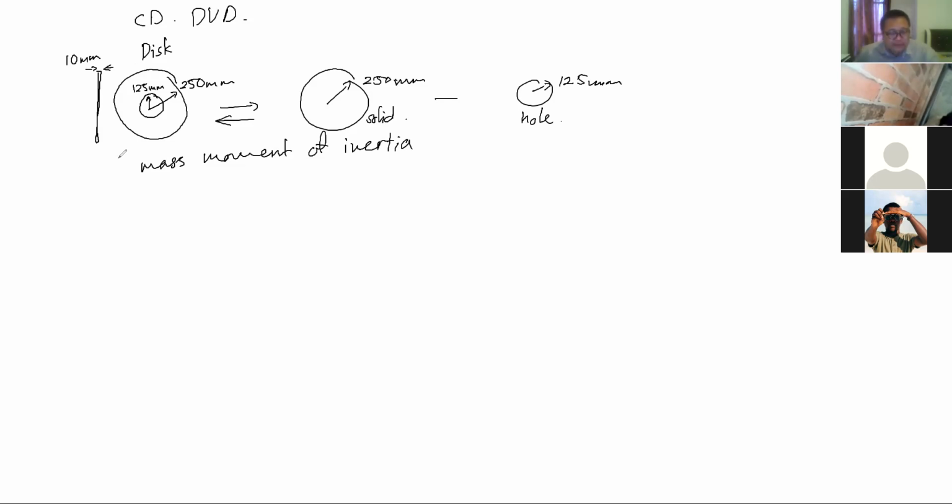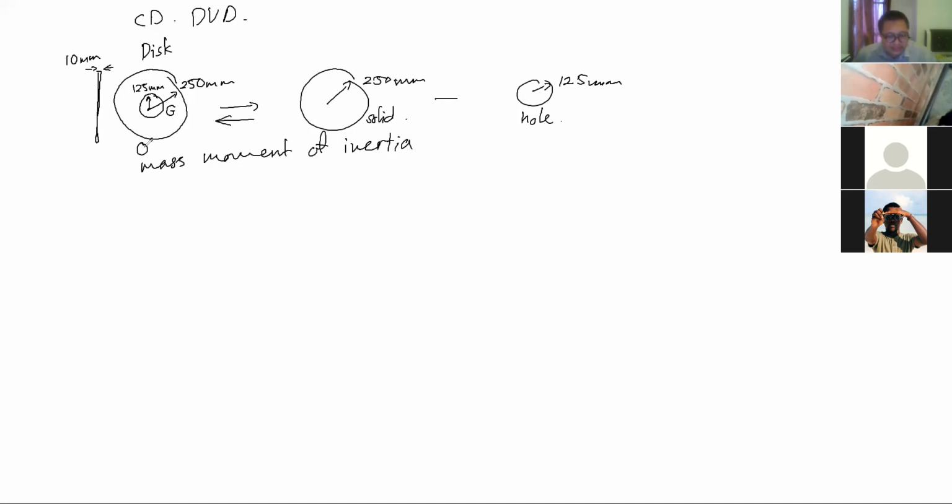At the center here, we call it the G, your CG. It is going to be at the center because it is a round object. And then down here, we name it as point O, at the bottom here.